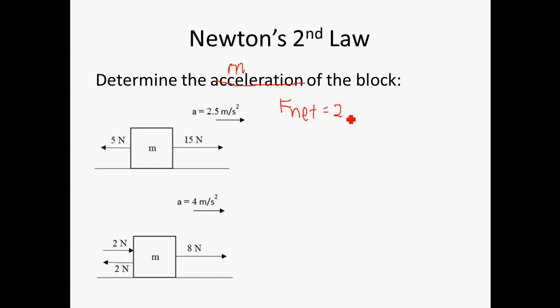So it will be 2.5m because m is the unknown, and the second expression will be F net equal to 15 minus 5. Why is it 15 minus 5? Because 15 is in the direction of the resultant force, as the resultant force has to be in the direction of a. So you get 10 Newton.